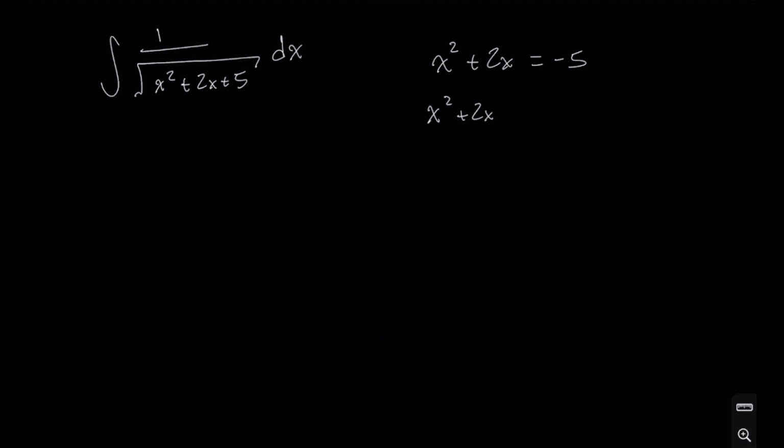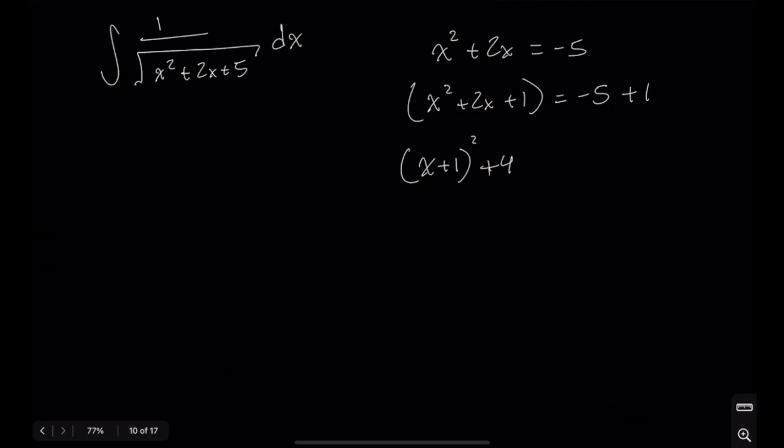So I have x squared plus 2x plus 1. And then whatever I do to the left side, you have to do to the right side, so plus 1. The left side will be equal to x plus 1, quantity squared. And then I'll move the 4 back around. So that's a negative 4 on the right, so that'll be a plus 4 on the left. Okay. You don't need to include the 0.